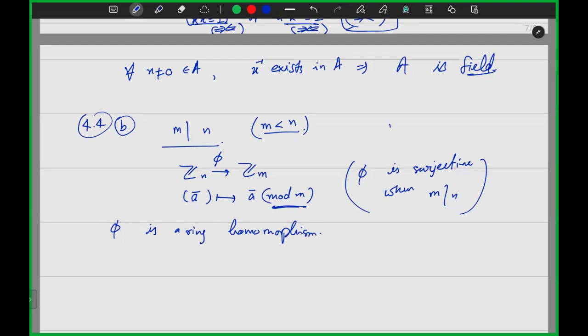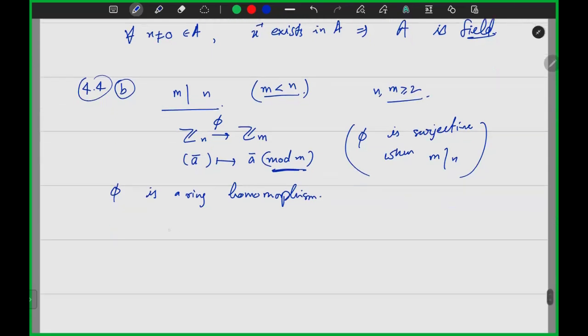Assume that m and n are bigger than 2. So this is a ring homomorphism, so unit goes to unit, right? Are you clear with that? Yes. Nice.